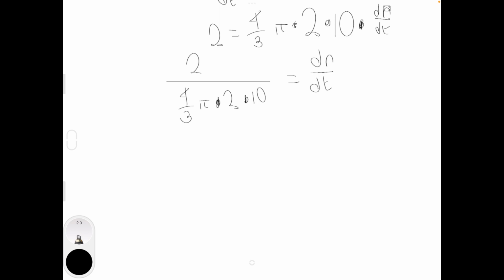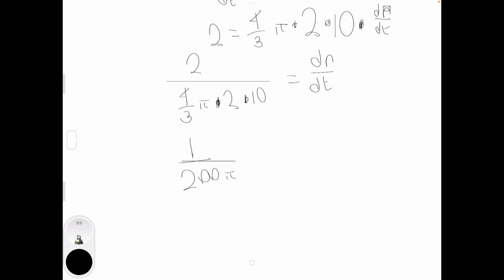Okay, so hopefully you've done that. When you solve this out, you either in your calculator get some kind of weird decimal, and that's fine, but check it with this answer: 1 over 200 pi, and that pi is going to be in the denominator.